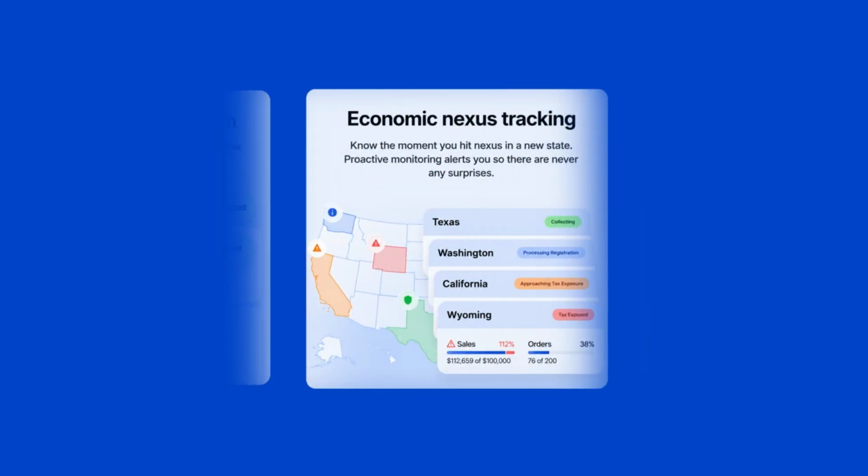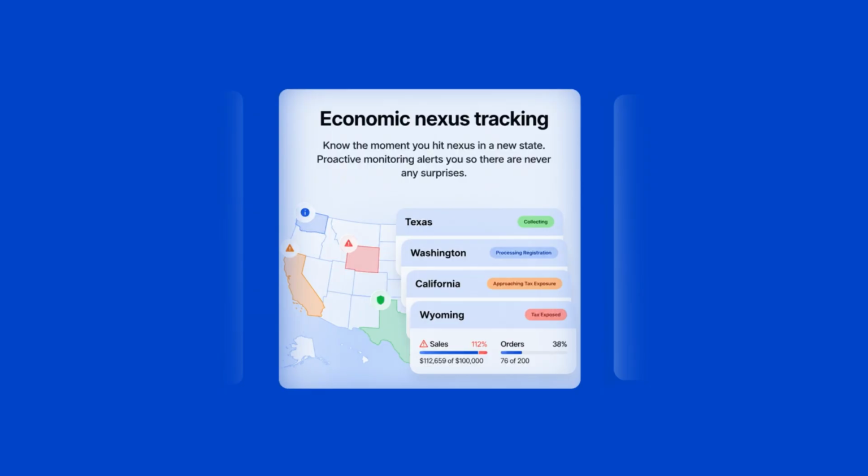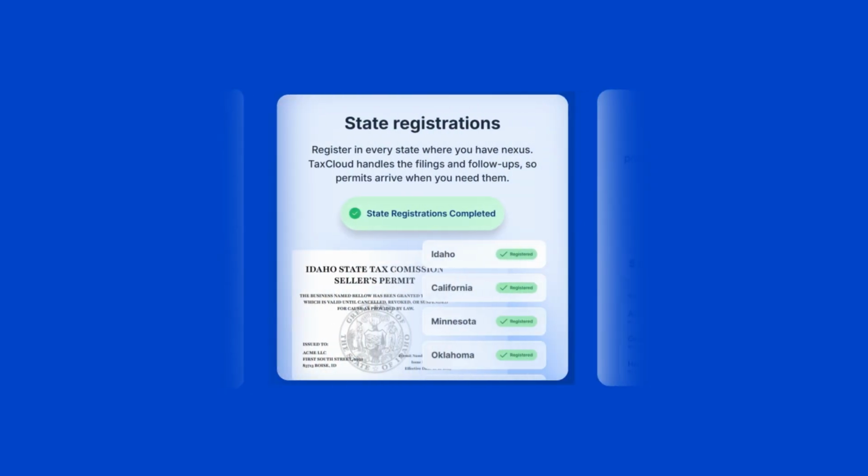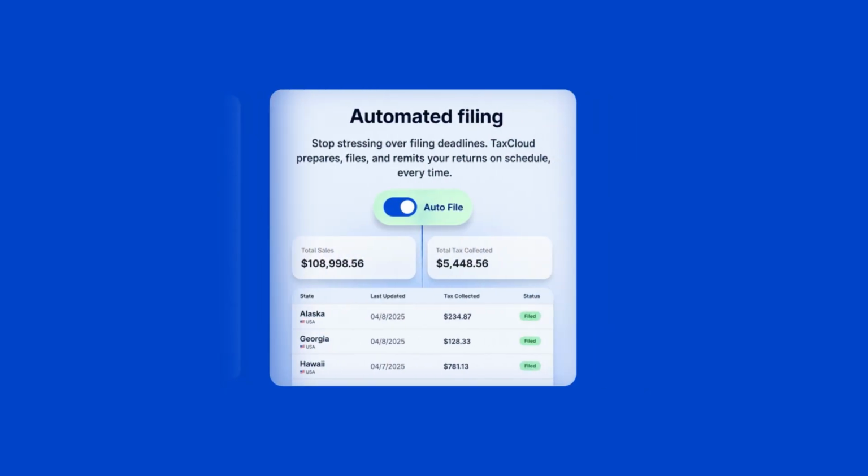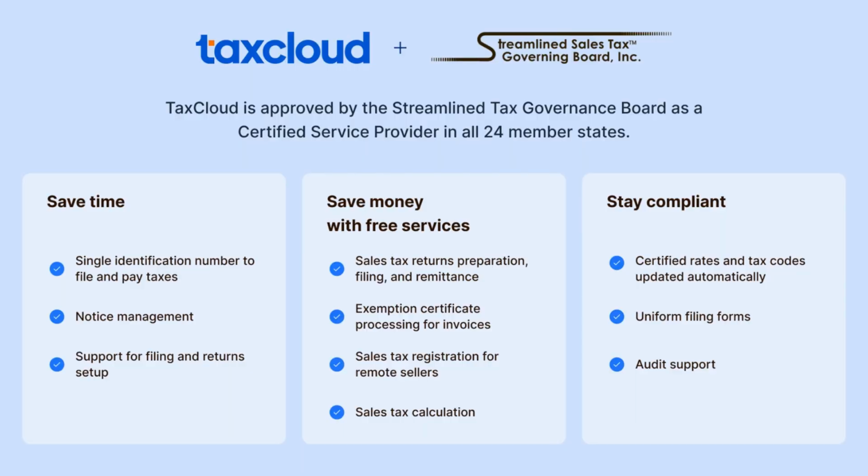Now, beyond tax calculation, TaxCloud also tracks economic nexus across all of your sales channels, not just WooCommerce, and it helps you register in new states as your business expands, and automates filing and remittance, and then provides audit support when you need it. So one of TaxCloud's biggest advantages is that it's a certified service provider under the streamlined sales tax program.